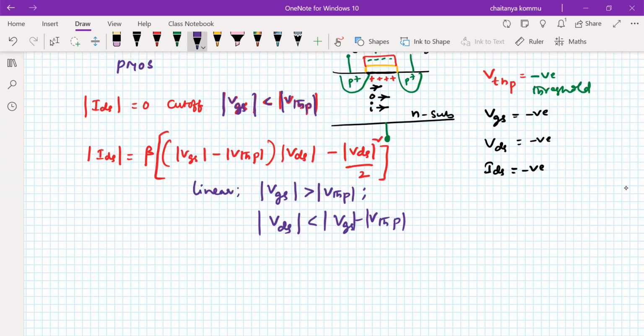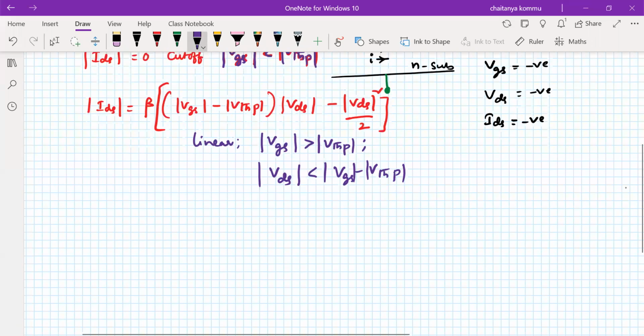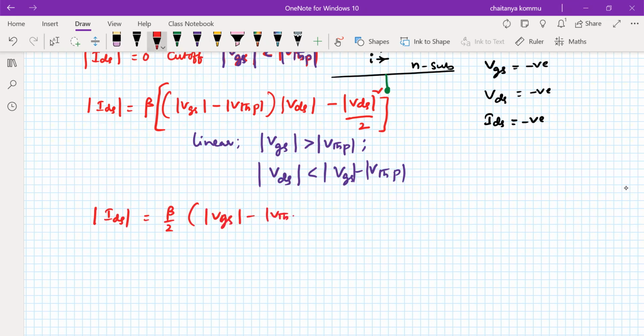So we need not think about the negative comparison. We can take the magnitude of VGS and VDS values and compare. As simple as that. Then IDS is equal to beta by 2 into magnitude of VGS minus magnitude of VTHP, whole square.